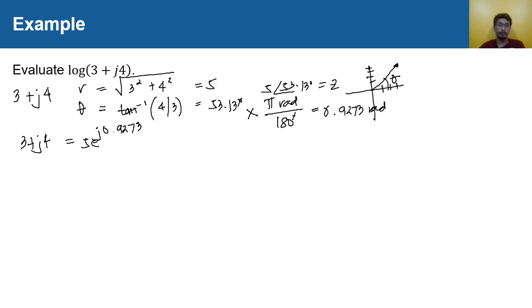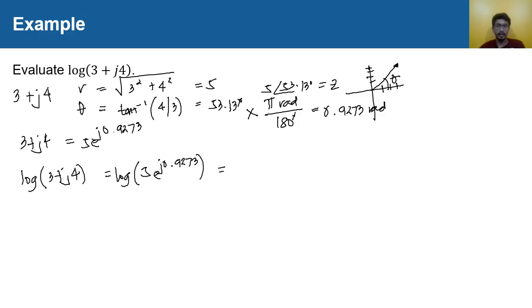Okay, so we now have 3 plus j4 in exponential form, which is 5 e raised to j 0.9273. So we now solve for the logarithm of that. So the logarithm of 3 plus j4 is equal to the logarithm of 5 e raised to j 0.9273.